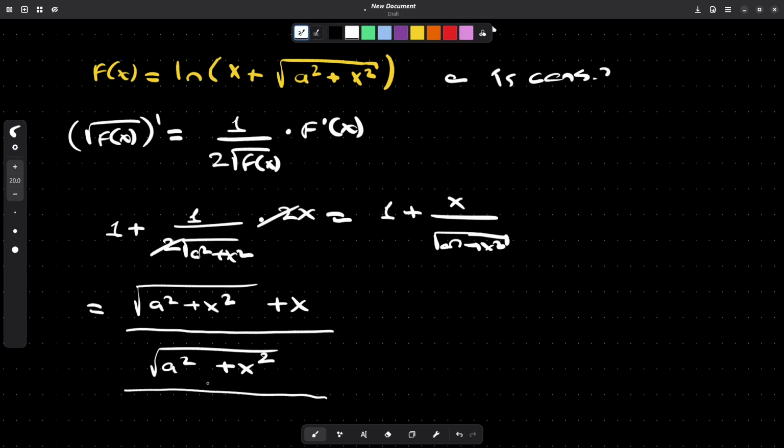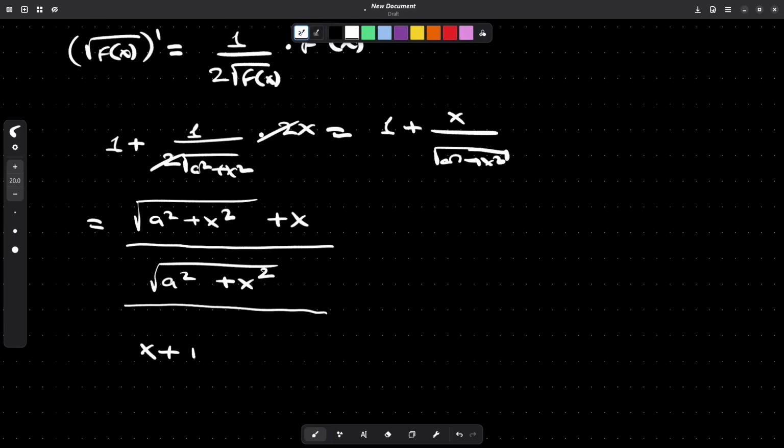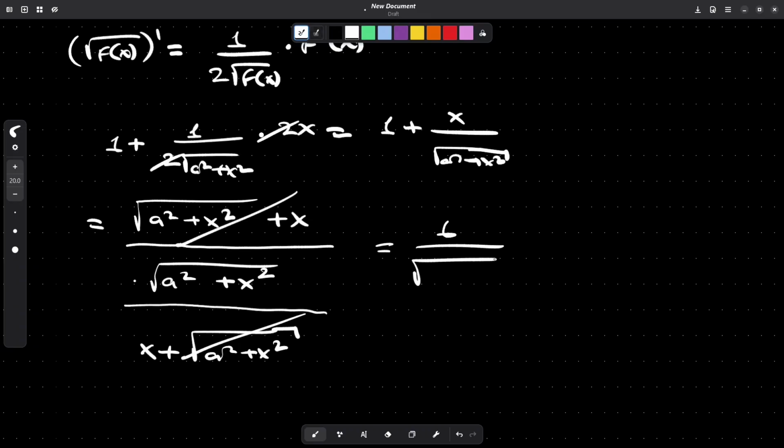Divide it by x plus root a squared plus x squared. These can cancel out because you can write this as a multiplication of these two terms. Cancel these out. The answer is 1 over root a squared plus x squared.